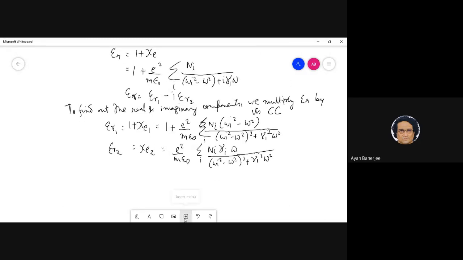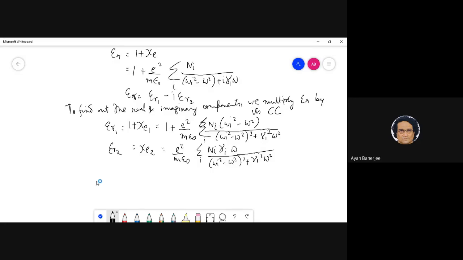So one thing that is typically done is to understand the behavior around resonance, because the interesting phenomena like anomalous dispersion happen when we have the driving frequency close to the resonance, and then we approximate the behavior of these two.